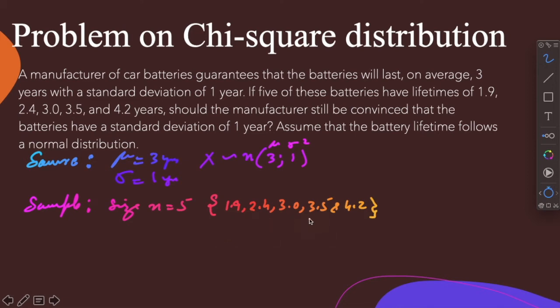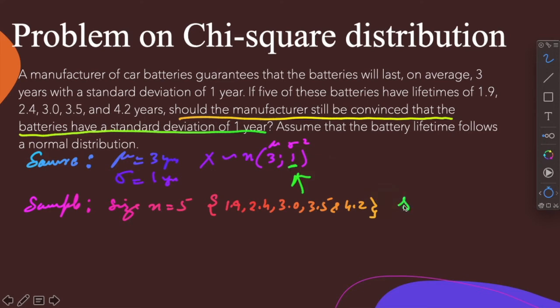Given these 5 values, should the manufacturer still be convinced that batteries have a standard deviation of 1 year? They want to know whether this sample has the variance 1.